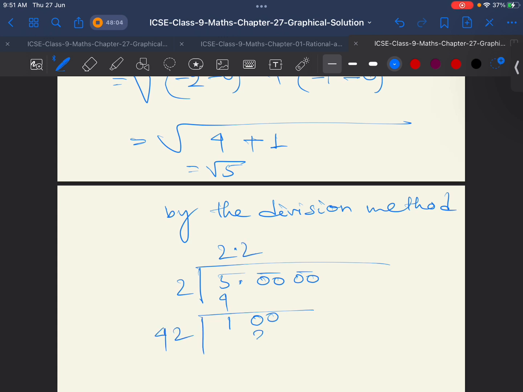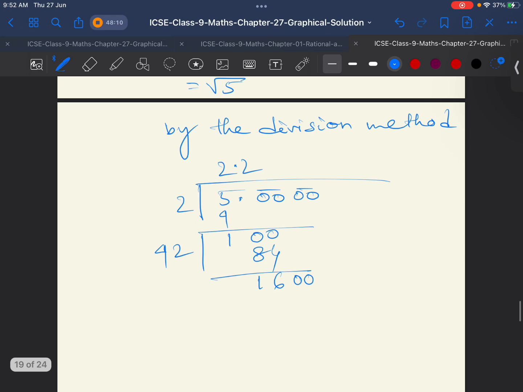Now we take 2 here, 84 and 16, here 0 0 is there. So 22, 22 times 2 is 44 is here.